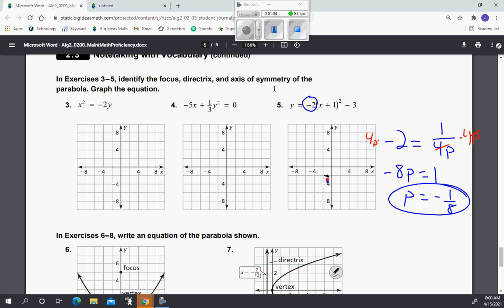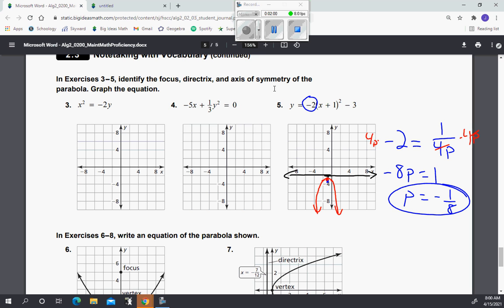Right, and it's that horizontal line, and my line's a little off. Okay, but it is 1/8 above that vertex. Multiply by 2 on both sides, you get that other point. So the graph goes down something like that. Okay, but that is how you find the focus.